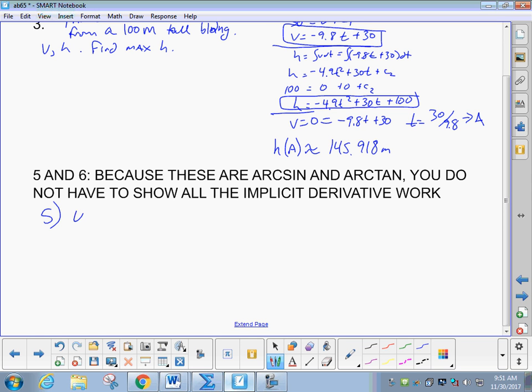So let's do one together. Let's do 6 first, it's easier. Y equals arctangent of x over 2, find dy dx. Do you recall the derivative of arctangent of u?